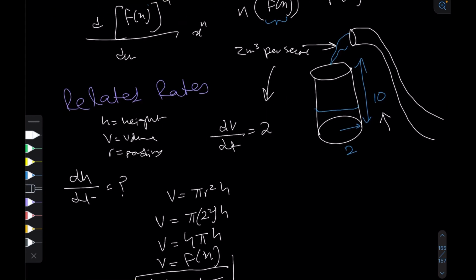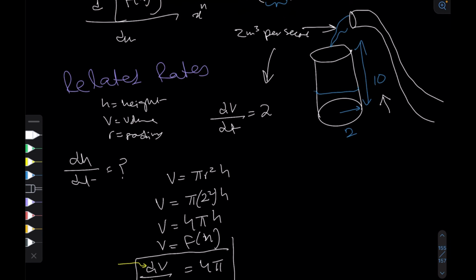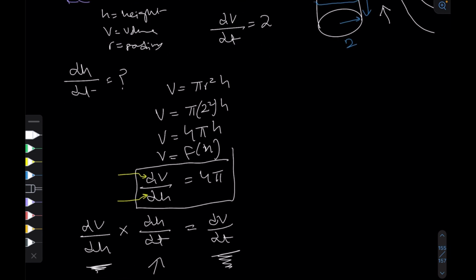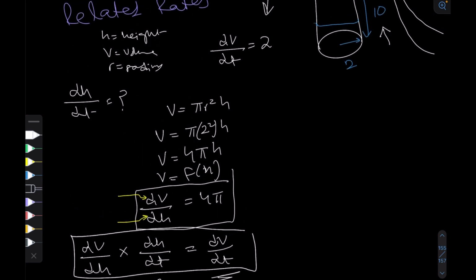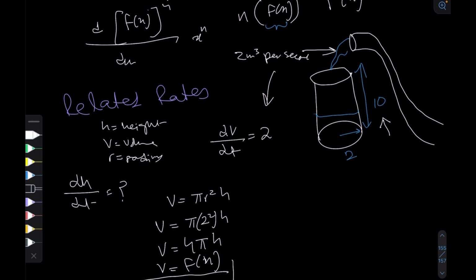So essentially, by linking volume to height, and then by connecting them like this, we got to know the rate at which height changes. Given that we already knew the rate at which volume is changing, we got to know the rate at which height is changing, essentially because volume and height in this case were directly linked, right?